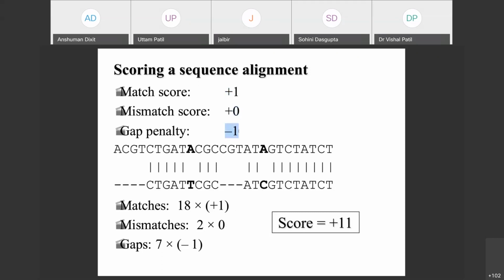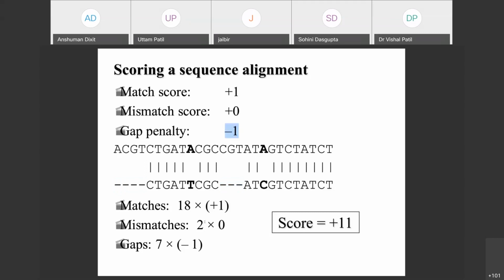The gap penalty, as I said, will be introduced if you introduce a gap in your sequence alignment. If you compare, there are a total of 7 gaps which are created while you align these two sequences. So for gaps, 7 into -1, where -1 is the gap penalty.